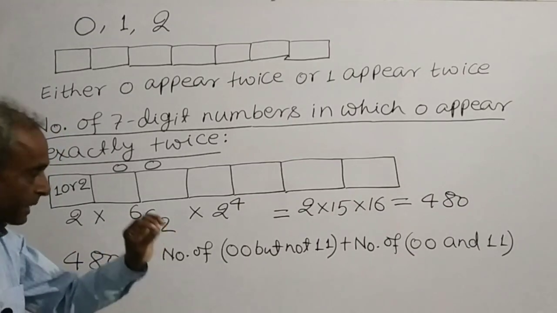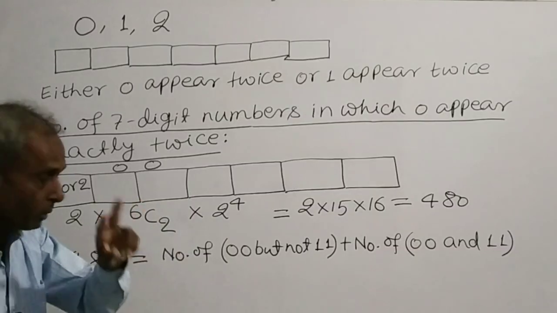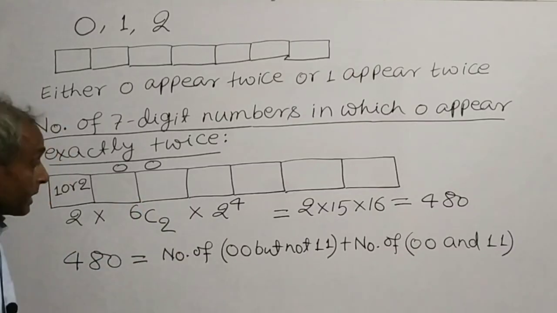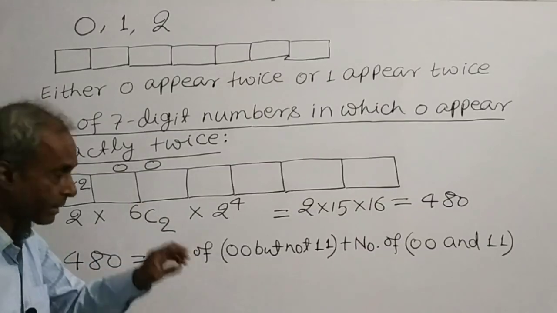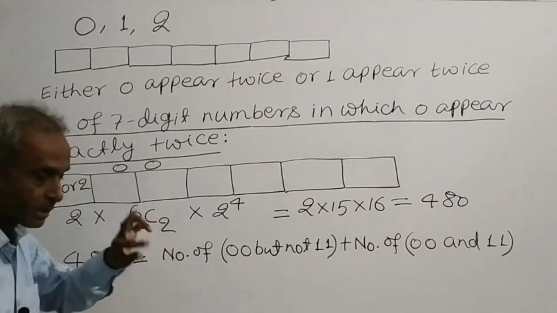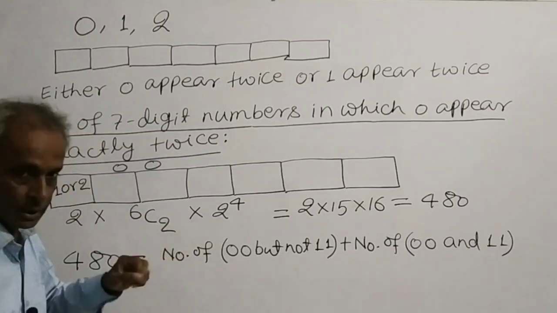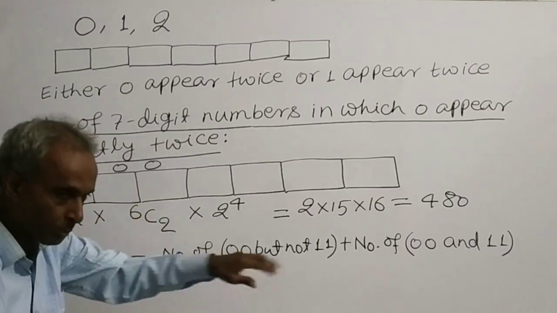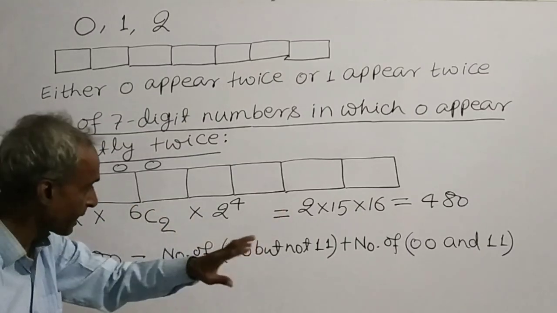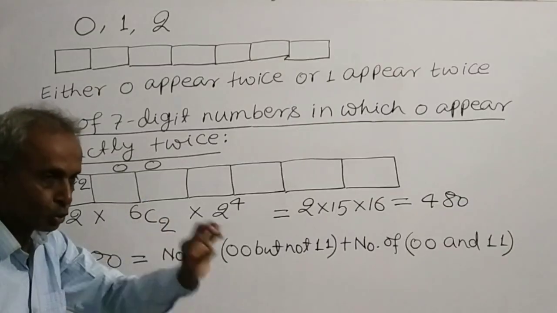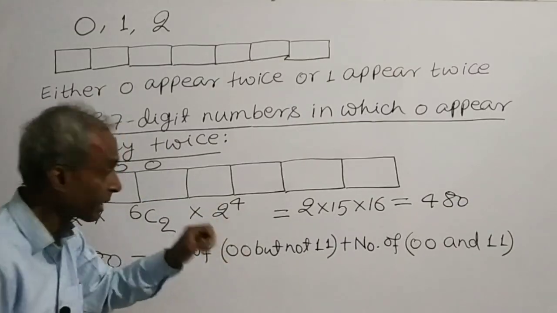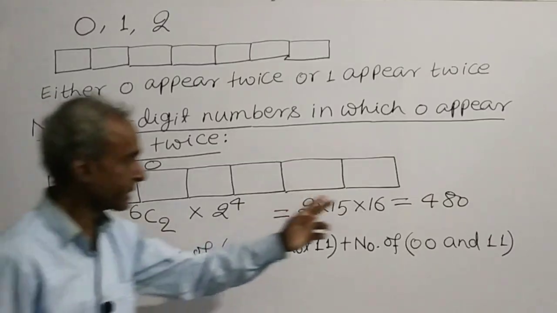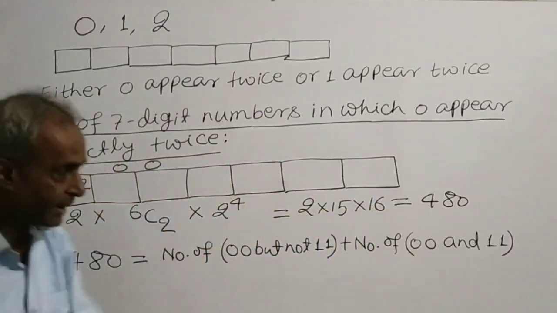Now there will be 4 vacant places left. Each place can be filled either by 1 or by 2. That means in 2 ways. Therefore, 4 places will be filled in 2 times 2 times 2 times 2, that means 2 to the power 4 ways. This is equal to 480.